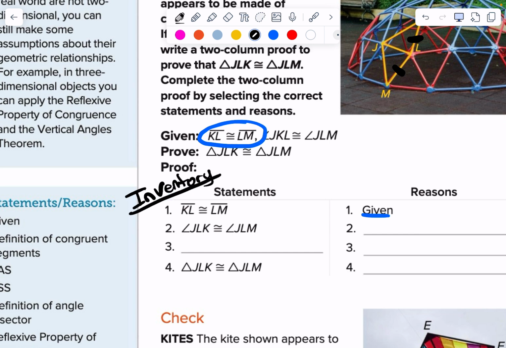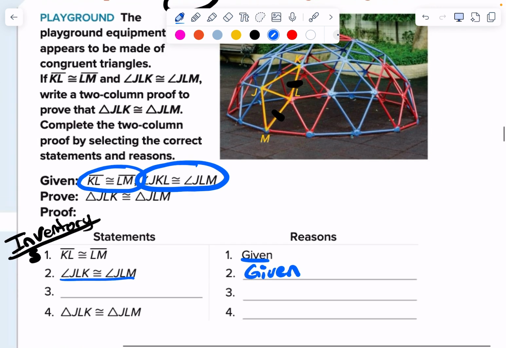So as far as my inventory goes, after line 1, what do I have? I have a side. Okay? So I'm a third of the way done, and I'm just using what's given to me already, right? The second piece of given information is this guy. They have it written down right here. What do I put in this blank? Given. Okay? And let's talk about those. It says angle JLK.